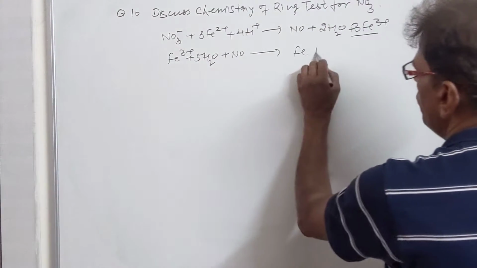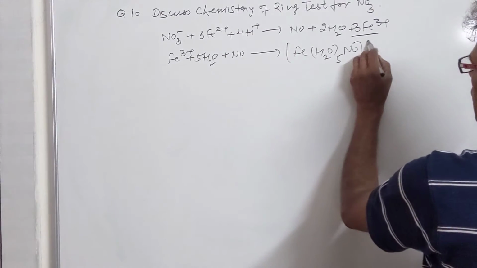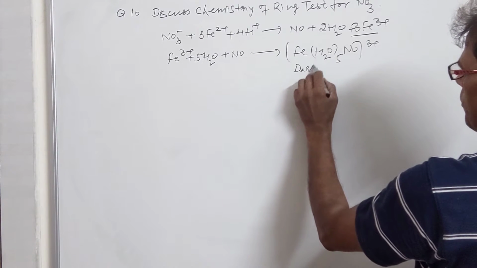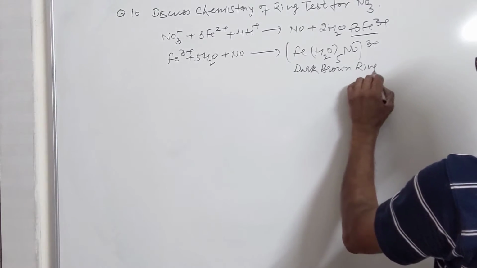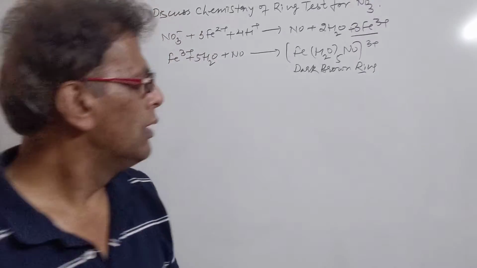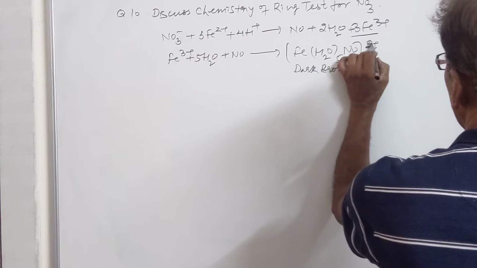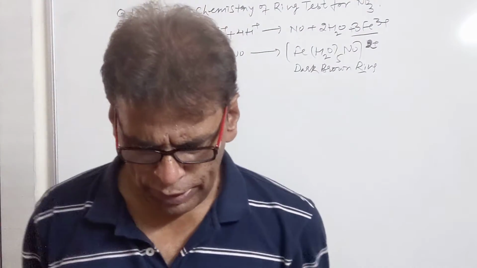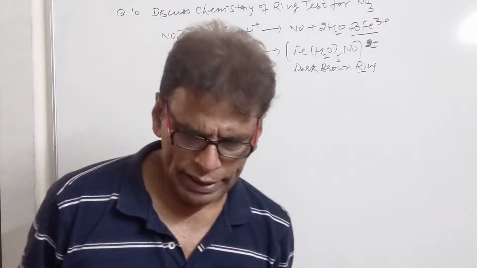They will form [Fe(H2O)5NO] 2 positive, and you will get a dark brown ring. So due to formation of brown ring at the junction of two layers, this test is also called the ring test for nitrate ion, because we are getting a ring here. So this is a very important question, ring test of nitrate ion.